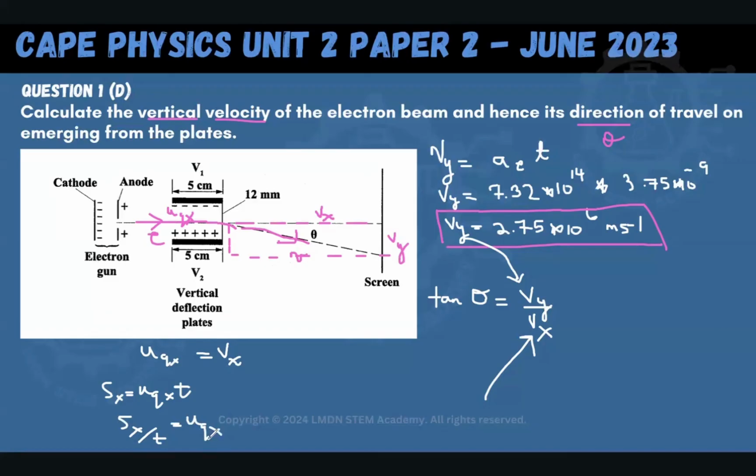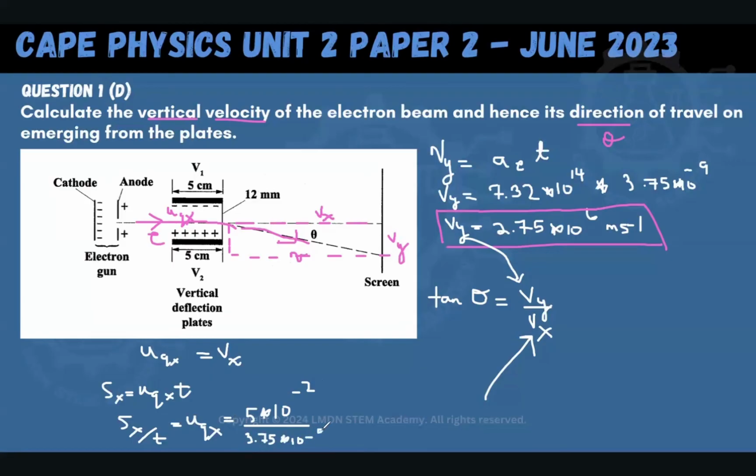What is SX? SX is the displacement in the X direction. This is our X direction. So the displacement is 5 centimeters. I'm going to put SX there. And the time that it took to traverse the whole thing, again, was 3.75 nanometers. I'm going to put that in the bottom for my time.